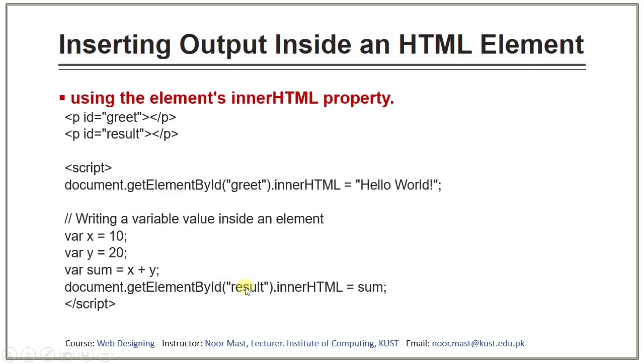So here we are accessing the paragraph and writing the result in that paragraph. So the output of this code will be to display a hello world message, and then in the other paragraph to display the sum of these two variables.